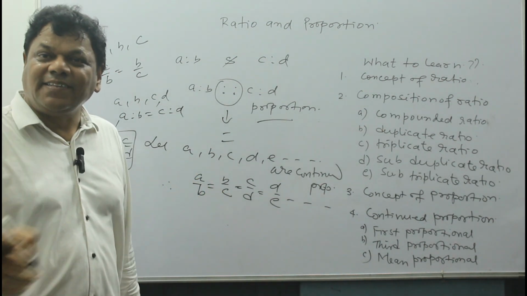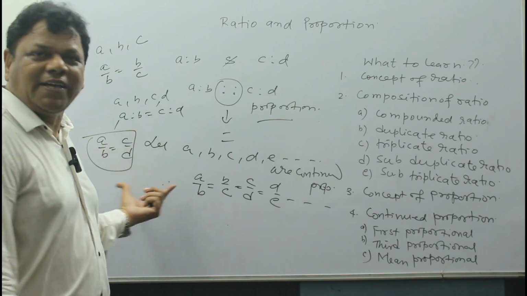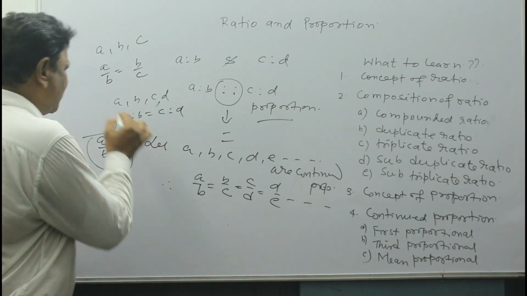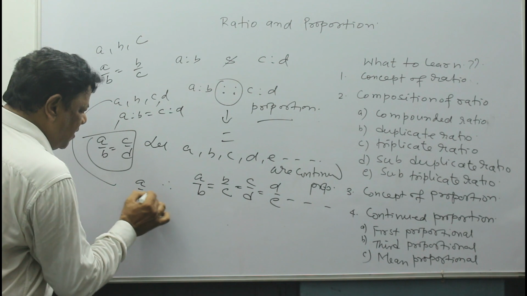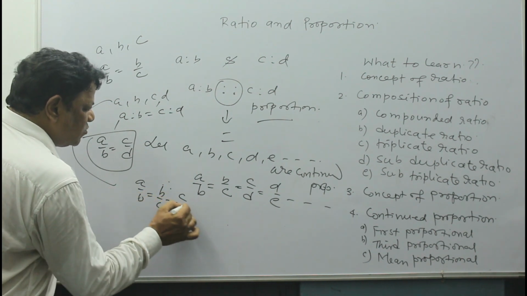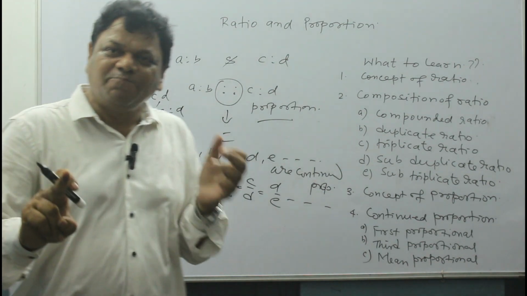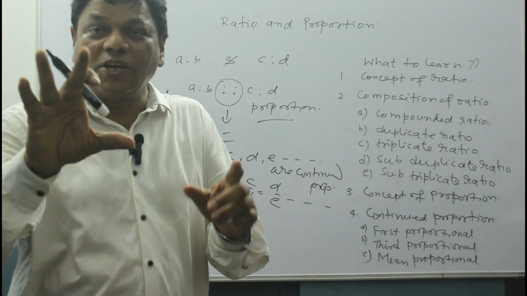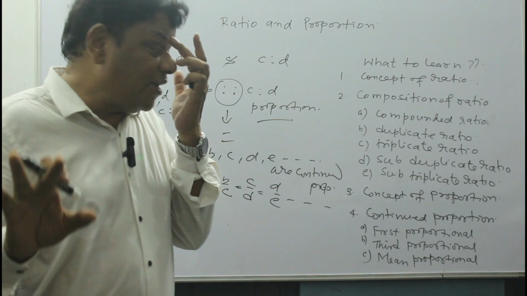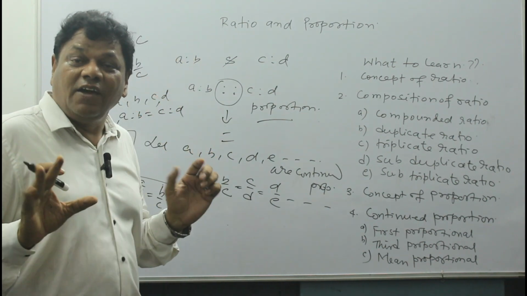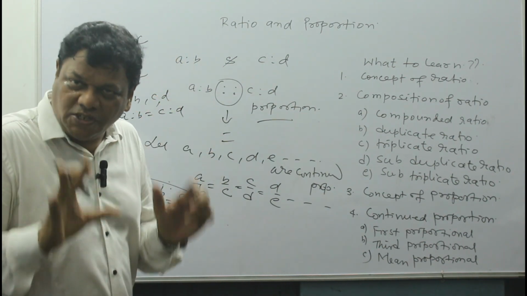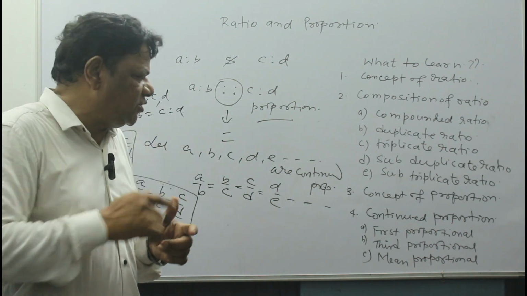But once I say it is a continued proportion, I cannot write this way. At that time I write A by B equal to B by C equal to C by D for continued proportion. So proportion and continued proportion are not the same. While doing sums, we will read the sum well. What is given there? Proportion is given or continued proportion is given.